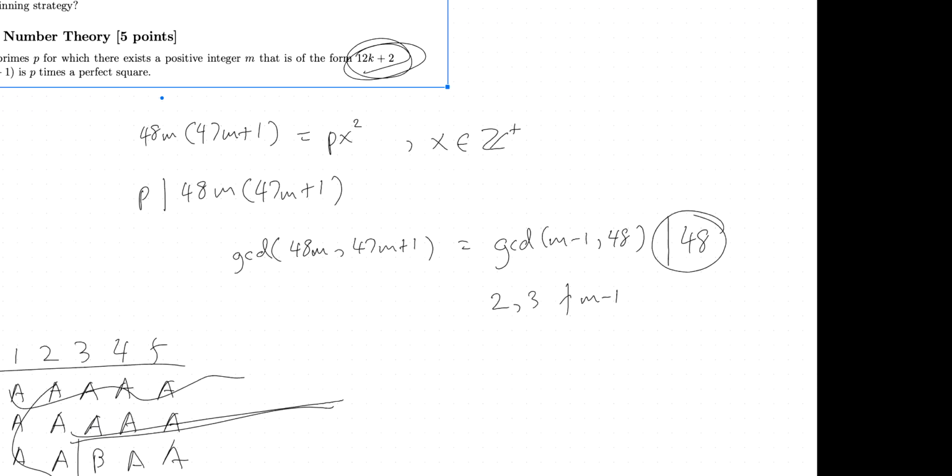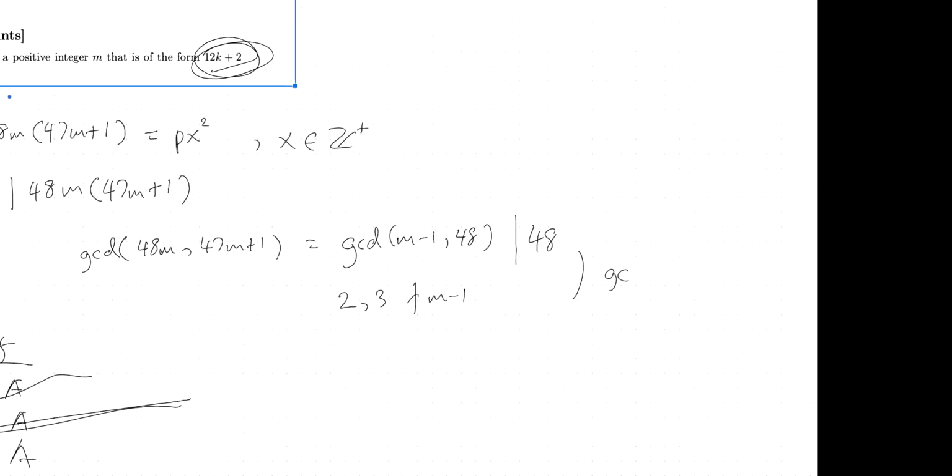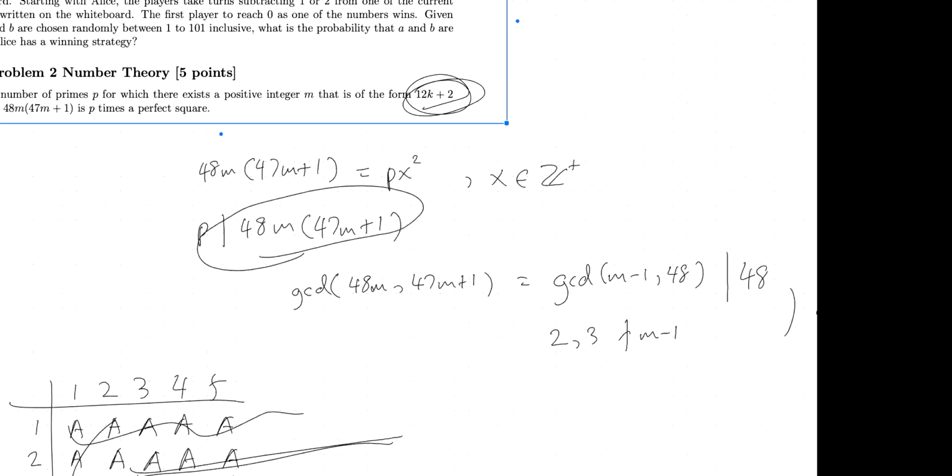How can this be? Well, only if the GCD is 1. And now we are in familiar territory, because what does this mean for this equation here? Well, this means that p must divide either 48m or 47m plus 1. Is this clear? Is this intuitive?